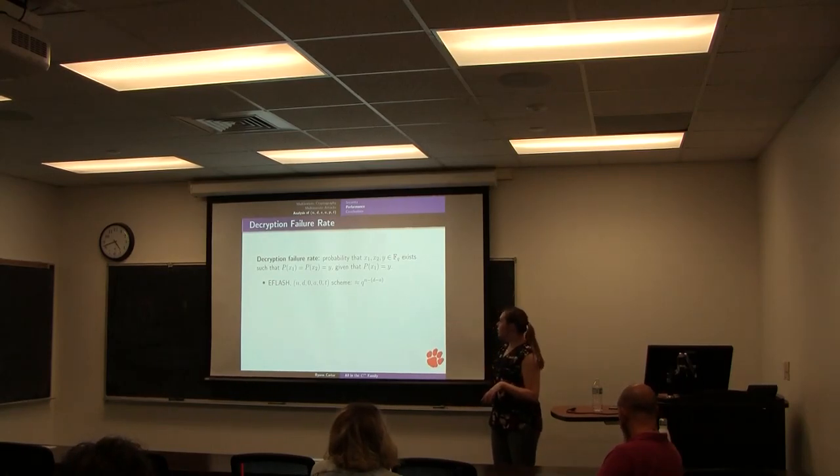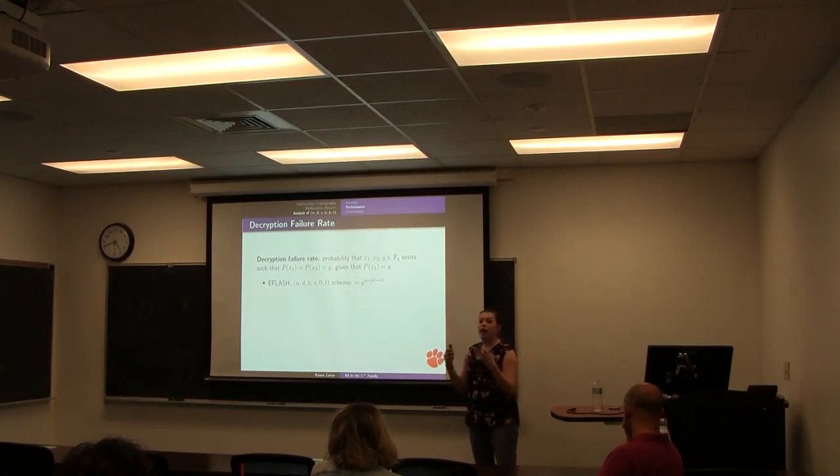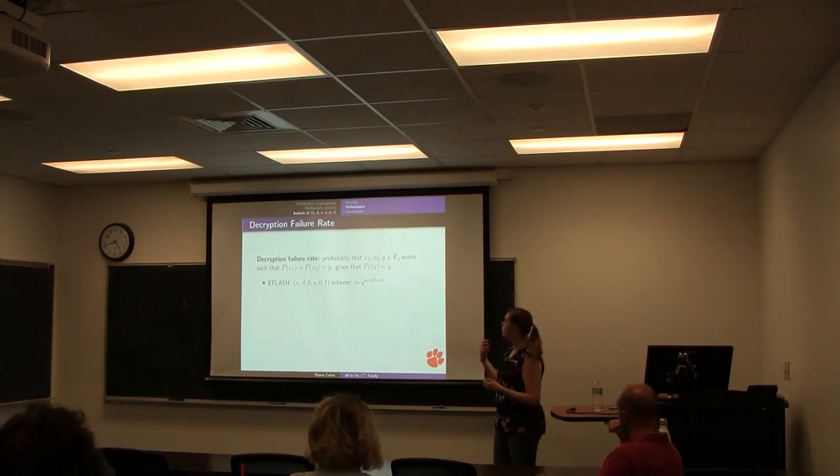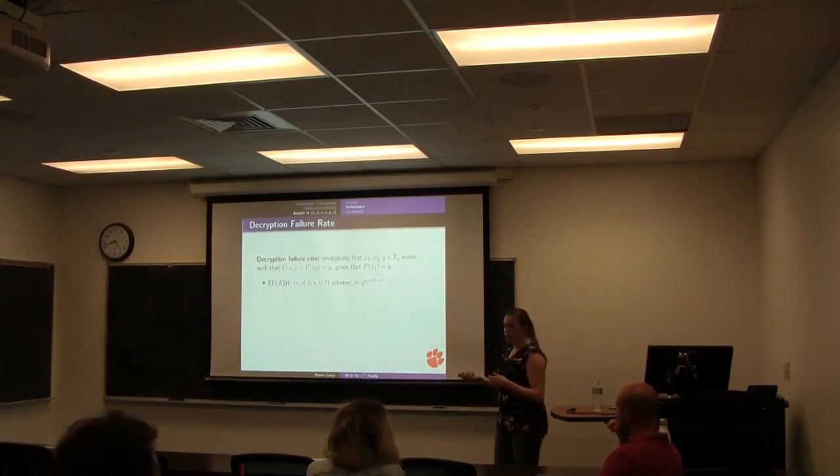That was done for eFlash, which is an ND0A0T scheme. When we do not have the plus and we do not have the IP, we showed that the decryption failure rate is about Q to the N minus D minus A.